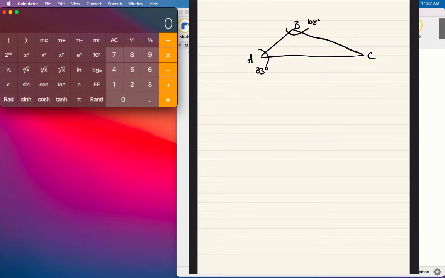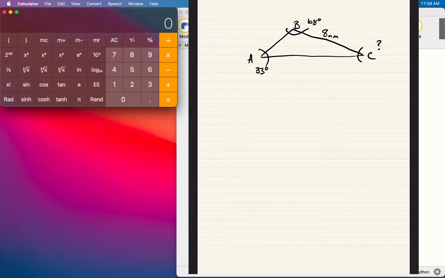We'll say angle B is 108 degrees. Let's not know angle C, and we'll know the length of side BC. We'll say this is 8 millimeters.